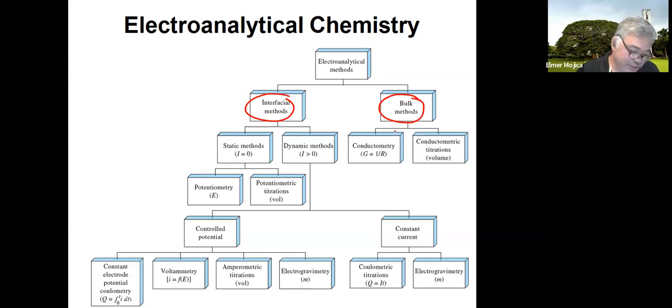So what do you think is the difference between the two? Let's say the bulk method. Anyone? Usually, that's why I made the presentation short so I can interact with you. So what comes to your mind when you say bulk?